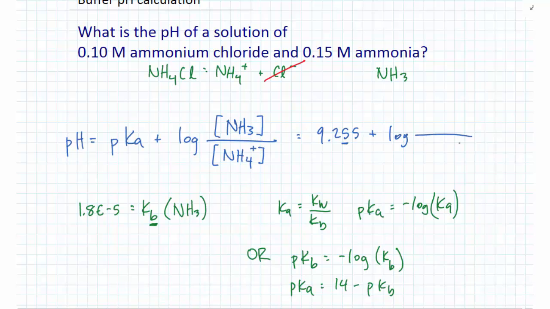So 9.255 is where we're centered around, and then the concentrations will tell us which direction we've deviated from that. So it's going to be log of what over what? 0.15 over 0.10. Log of 0.15 over 0.10 looks like it should be positive or negative?